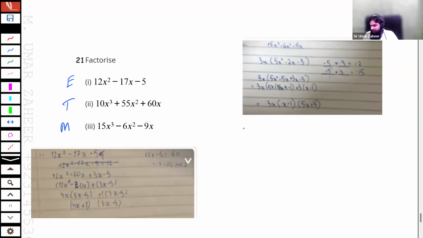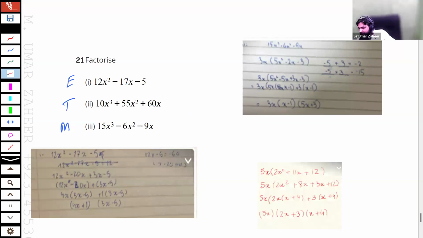Alright, let me check. You have to take 3x as common, it will become 5x squared minus 3 times 2 is 6, minus 3 times 3 is 9. You add them, it is minus 2, multiply them, it will be minus 15. 5x is common, x minus 1, 3 is common, x minus 1.